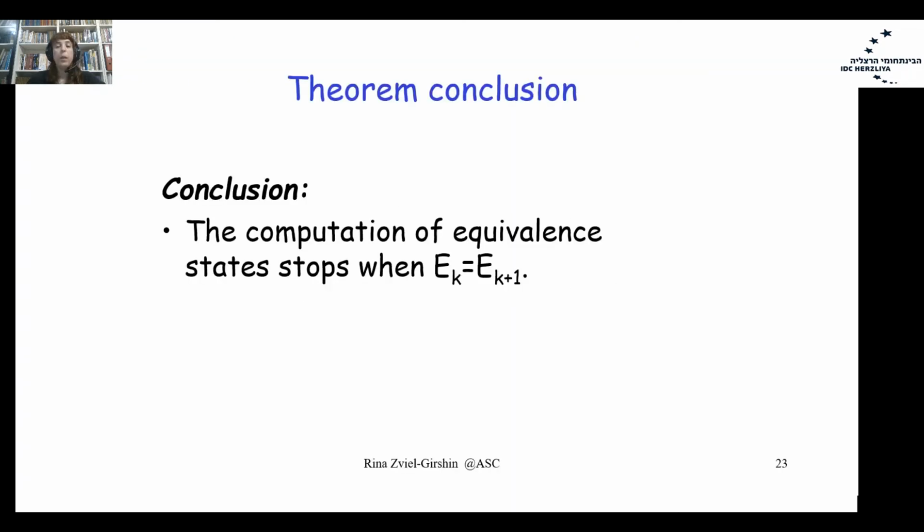But the meaning of this theorem is that the first time when you compute equivalence classes and you have the same set of classes, you can stop. That means that nothing else can be separated. You finish, and you have all the states in the correct equivalence class.